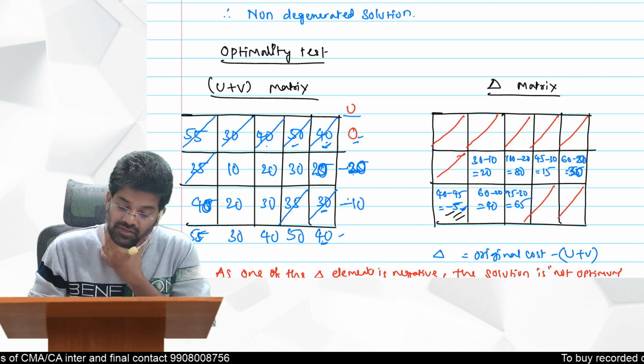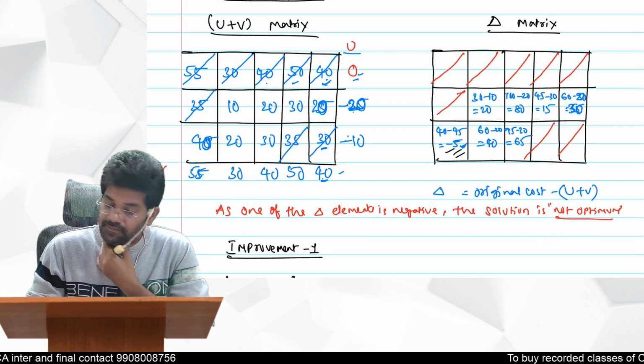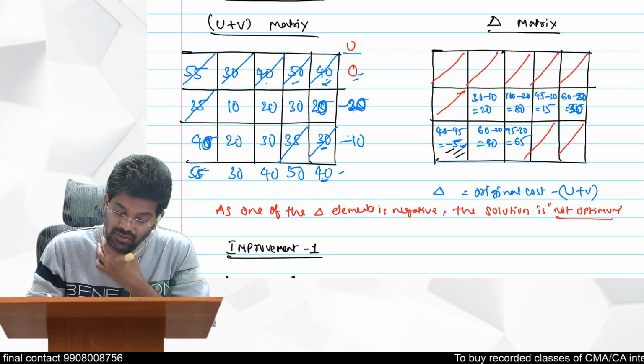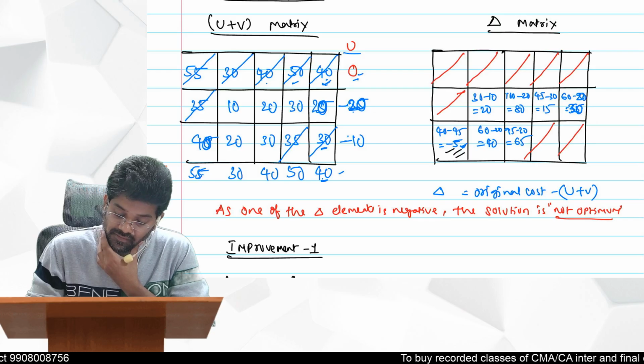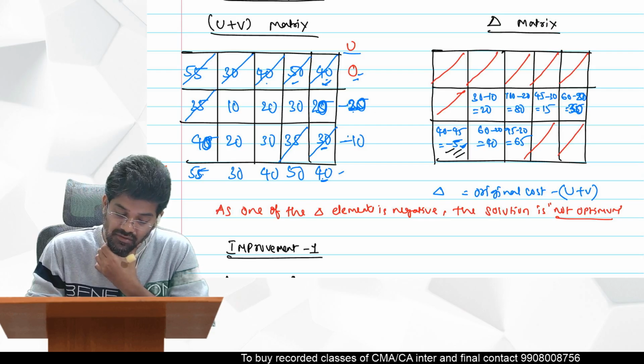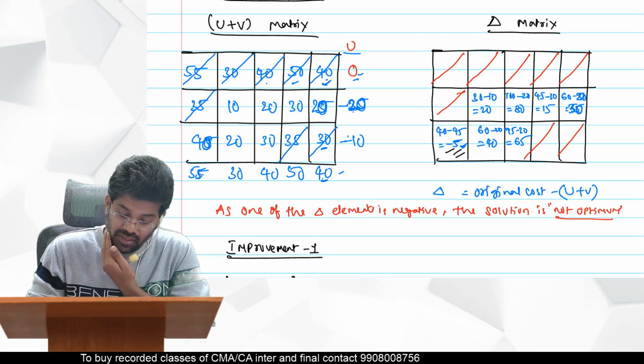U plus v values here, I think small mistake I have done here. 0 minus 20, 30, 40. Initially we have done based on this only, 0 plus 55 is equal to 55. This is correct only. Everything is 30, 40, 50, 40, correct. 0 minus 20, we got this also correct.